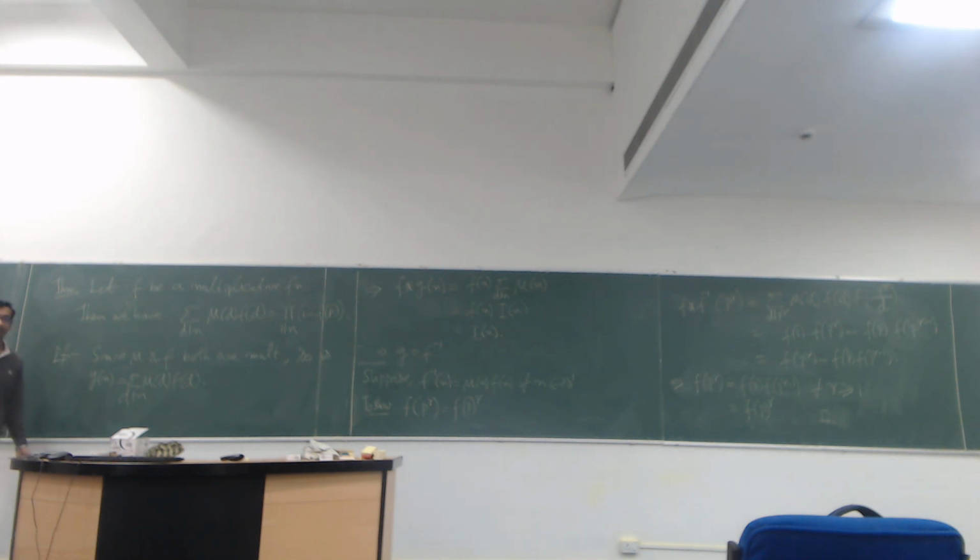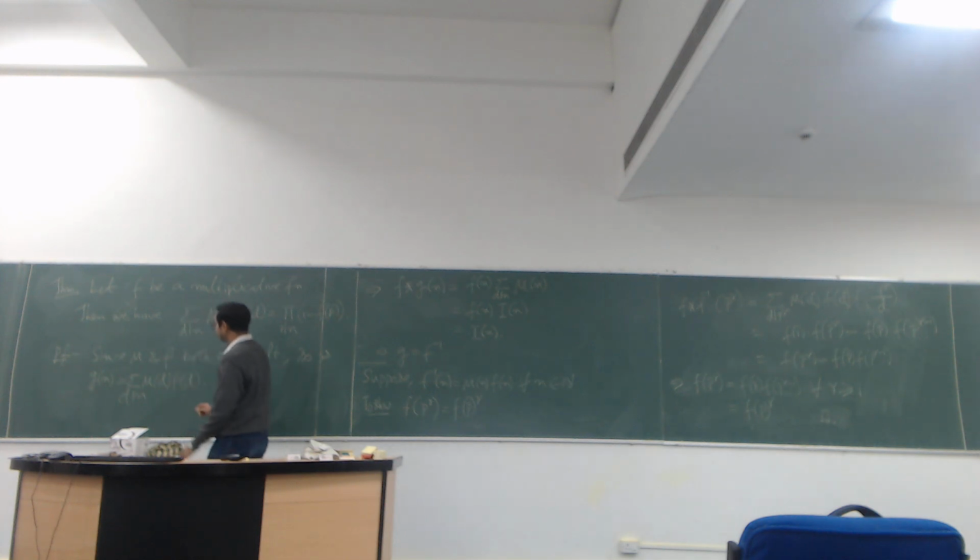What can you say about the product? This g is mu f star u. Mu is multiplicative, f is multiplicative, so mu f is multiplicative. So mu f star u will also be multiplicative. So g is multiplicative.